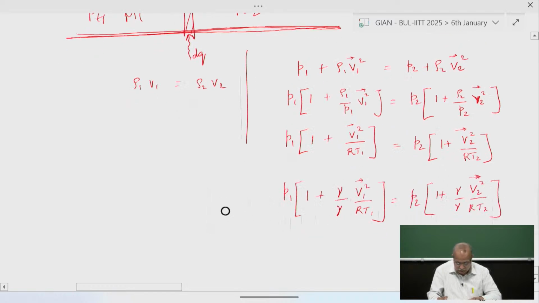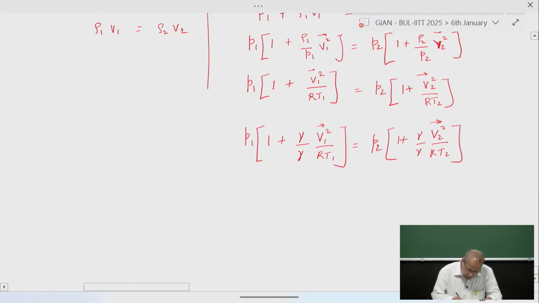Now can I write gamma RT1 as C square? The numerator is V square. What is Mach number?